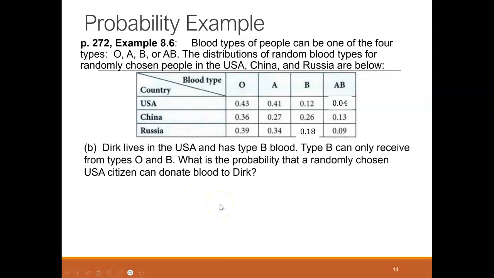Okay. Dirk lives in the US and has blood type B. Type B can only receive from types O and B. What is the probability that a randomly chosen US citizen can donate blood to Dirk?